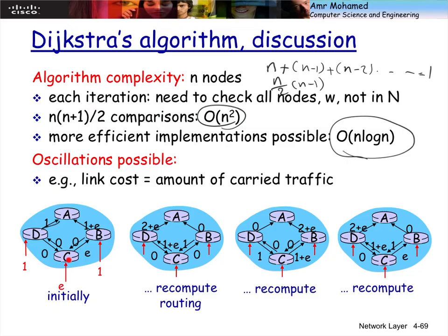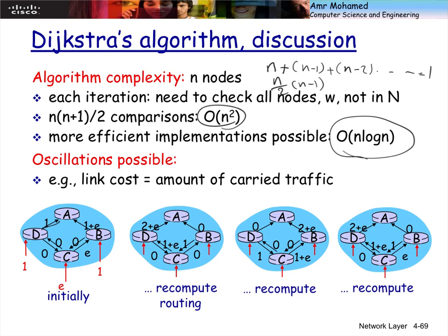Right? But if we send it this way, what is the cost? 0 plus 1. So what is the minimum cost? We have to send it here. Okay, so let's switch this to here.